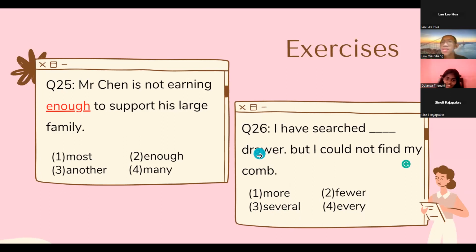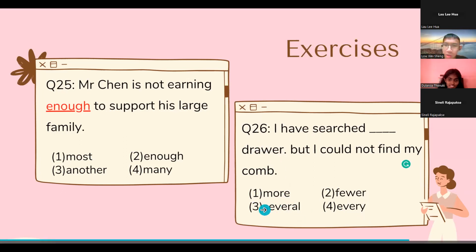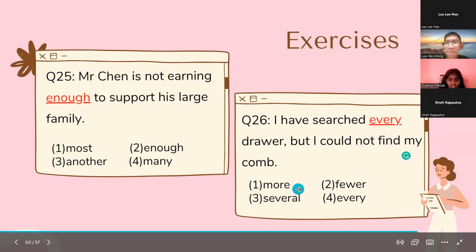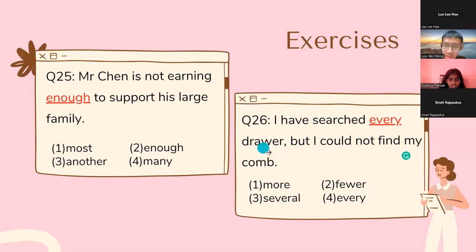Singular, correct. So we cannot use the word several here, and the answer is every. I have searched every drawer, because every uses a singular noun. If it sounds a bit weird, you can see it as I've searched every drawer in my house or in the room. That's basically what the person is saying, but he didn't include the full context.